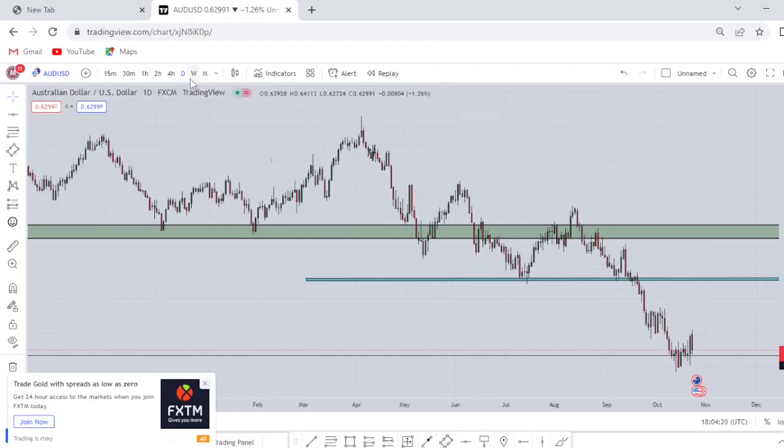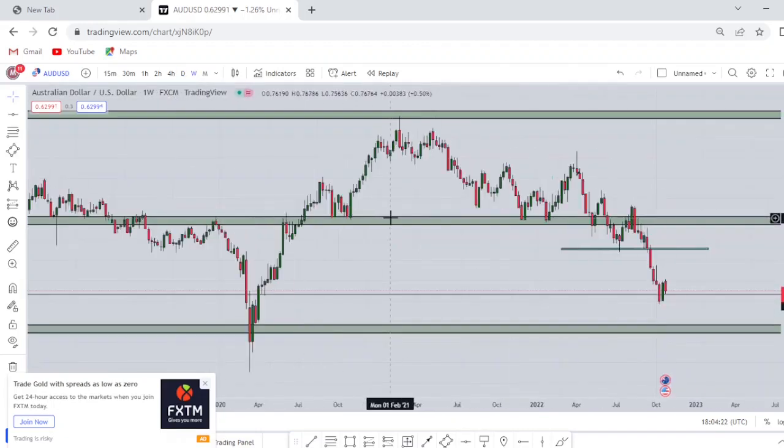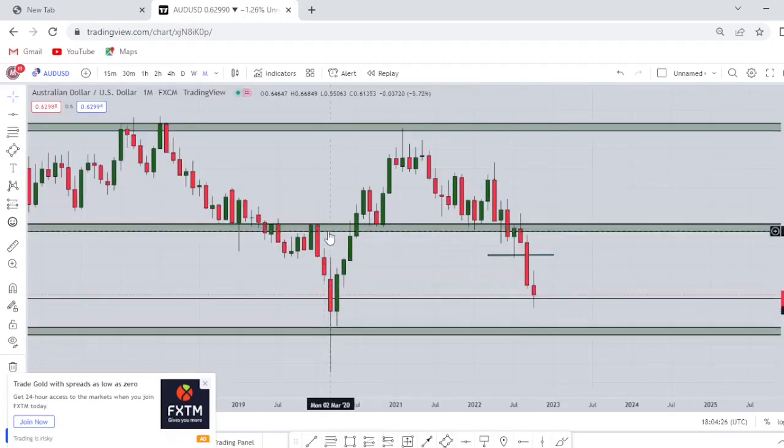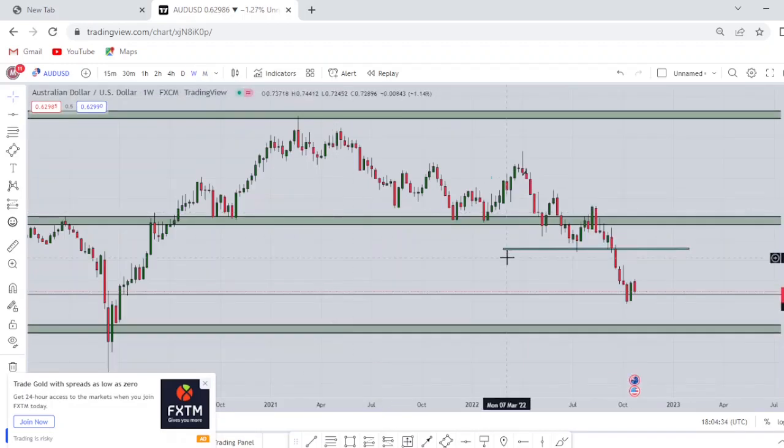So guys, let's just go over the whole analysis first of all. Looking at this chart, we know that this market is clearly on a downtrend, very much on a downtrend, on the daily and monthly time frames. On the weekly time frame, we can still see the same thing, that the market is clearly on a downtrend.